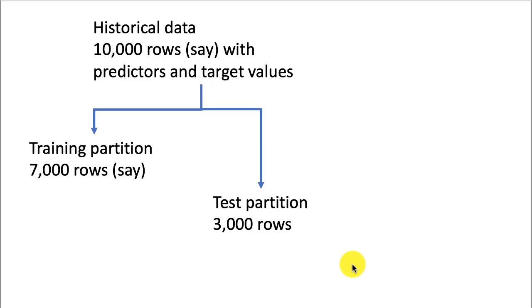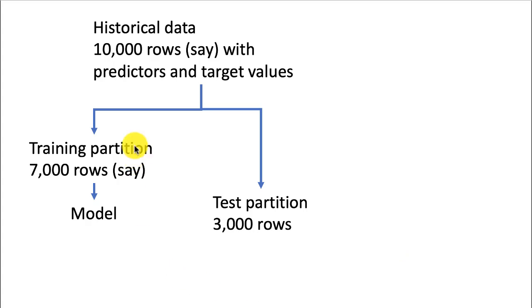This is not cast in stone. You can say, I'm going to use 60-40, 50-50, maybe even 80-20. So long as you have a lot of data, and a sufficient number of rows for training the model and sufficient representative rows to test the model, you're fine.